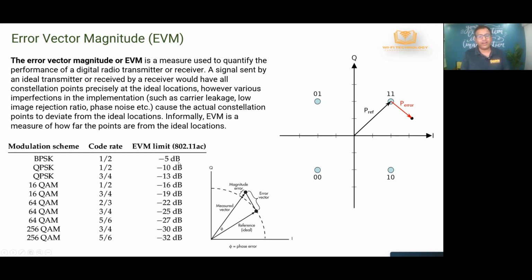You can have a very high gap between what was received and what should have been received, and you can still recover the information because BPSK has a huge margin of error. But as you increase your modulation rates, from BPSK to QPSK to 16 QAM, 64 QAM and so on, you need a lower and lower EVM, so you have less and less error margin with the higher order modulation rates, which is what I was talking about in the previous slide.